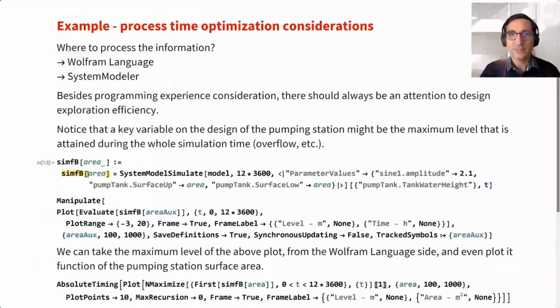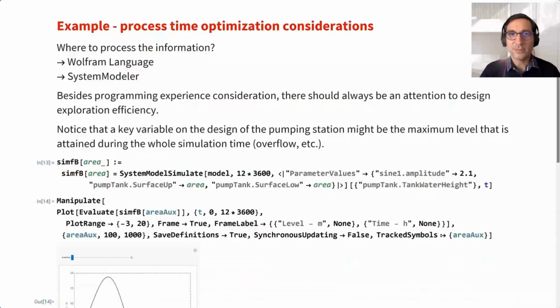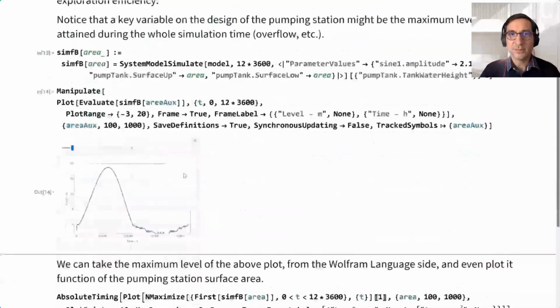So now we will talk about the efficiency of calculating things either within the Mathematica software or in the SystemModeler. And that can be of importance. What you see now on the screen is a modification, not anymore of the pump curve, but of the surface of the pumping station.